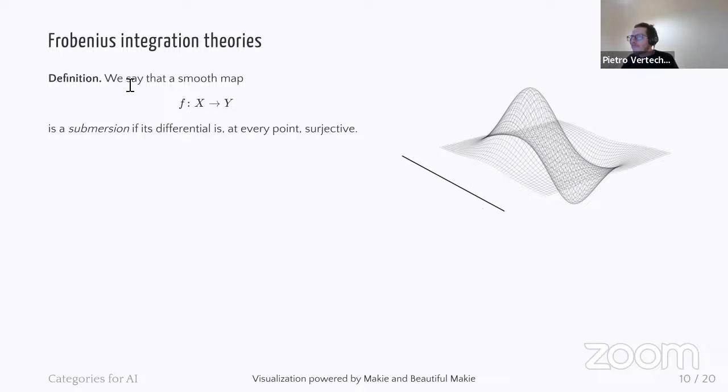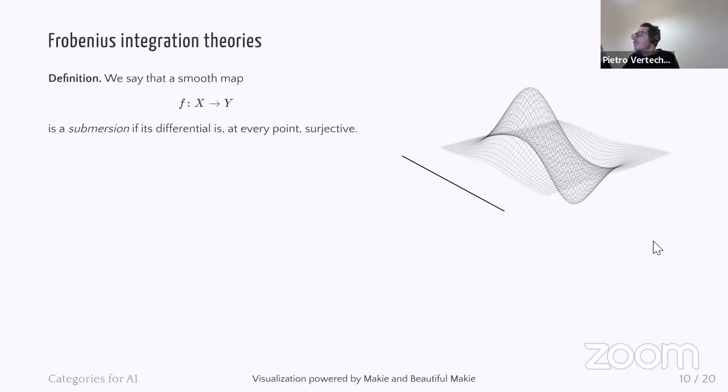And we say that such a smooth map F from a manifold X to a manifold Y is a submersion if the differential is at every point surjective. So in practice, what needs to happen is that X is at least as high dimensional as Y, which works in this case, so it's dimension 2 versus 1.